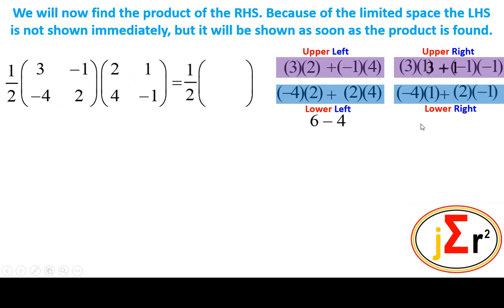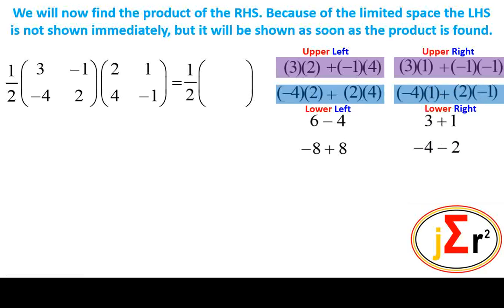Therefore, that will be 3 plus 1. Then, that will be -8 plus 8. And finally, -4 minus 2. Each product is a product of a negative and a positive. The result will be negative in both cases.